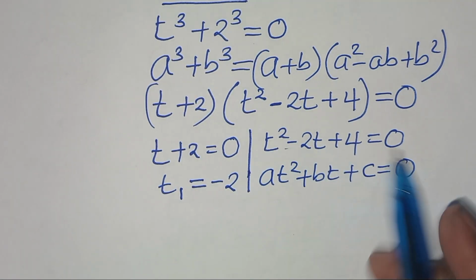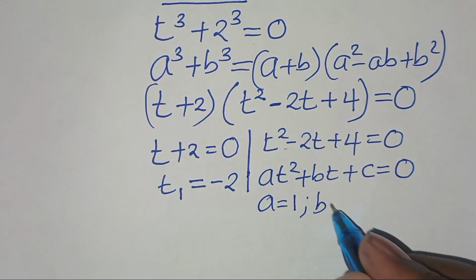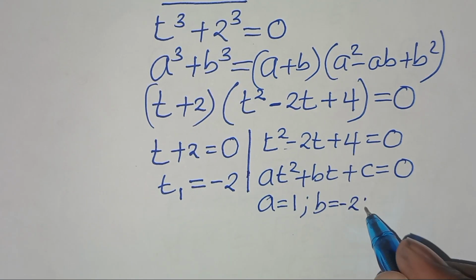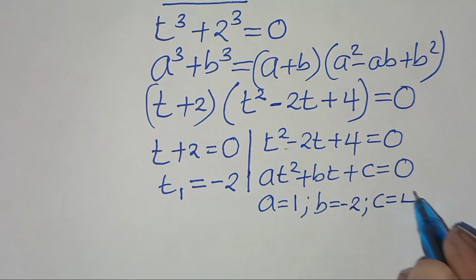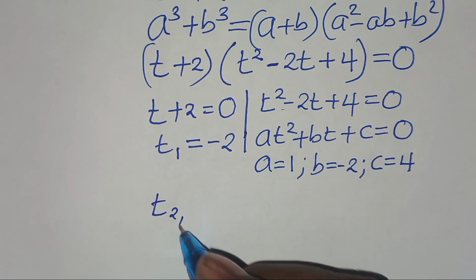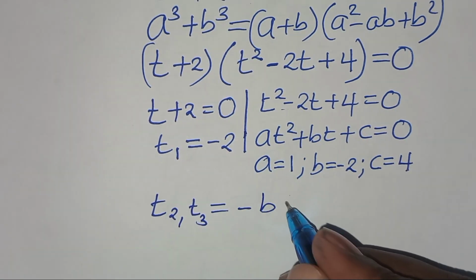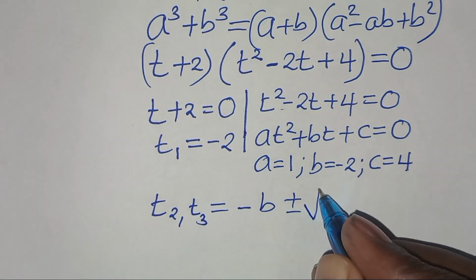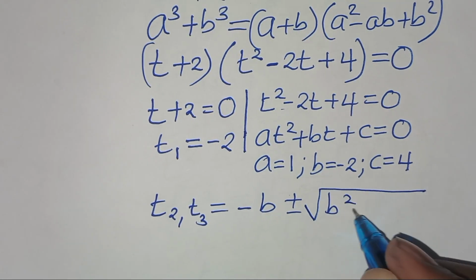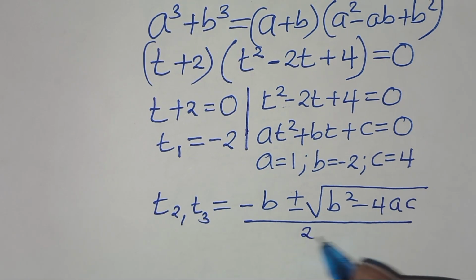From this quadratic equation, a is equal to 1, b is equal to minus 2, and c is equal to 4. To solve for t2, t3, we apply the quadratic formula, which is minus b plus or minus the square root of b squared minus 4 times a times c divided by 2 times a.